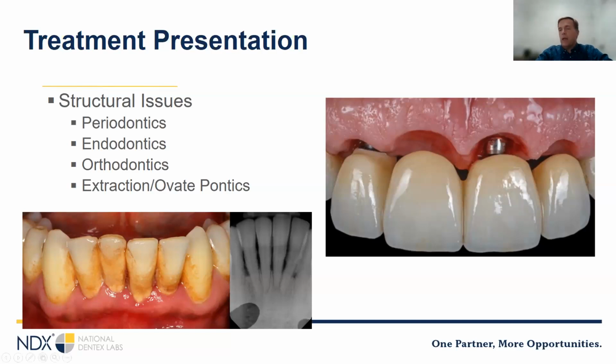We can be pretty adamant about an implant treatment, but sometimes we're not as adamant about orthodontics. So I think, and again it depends on the case, but if we look at a case and say the most important thing is to get these teeth in the right position, then we should be as adamant about that as we are about other time-consuming interventions.